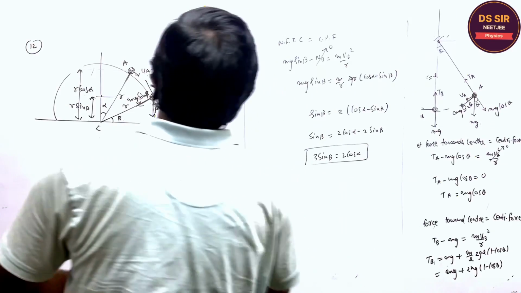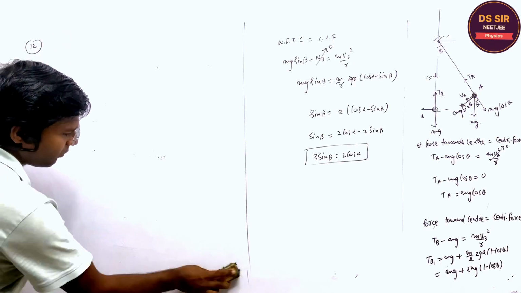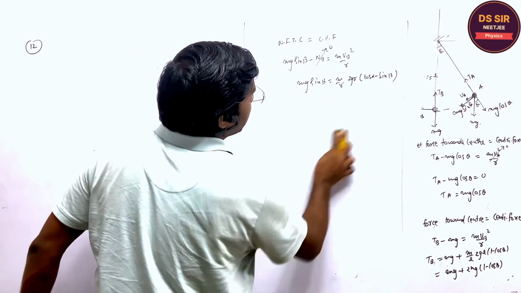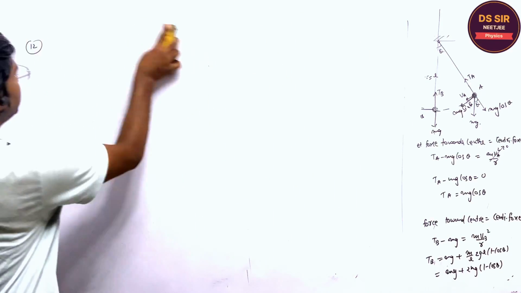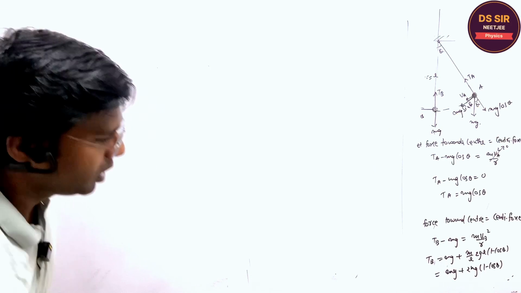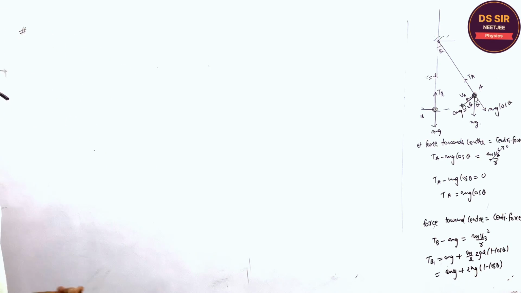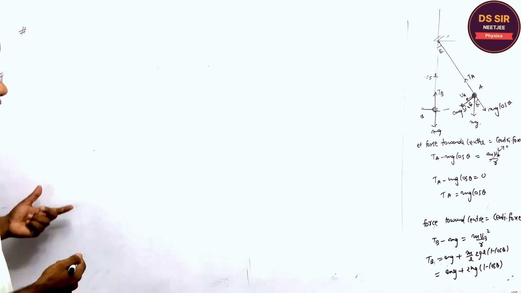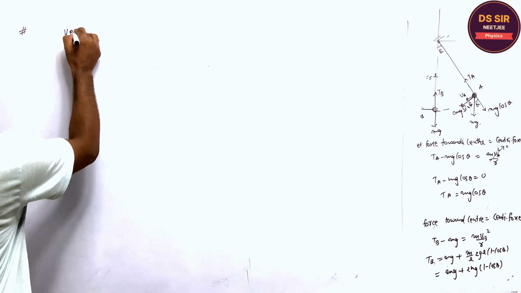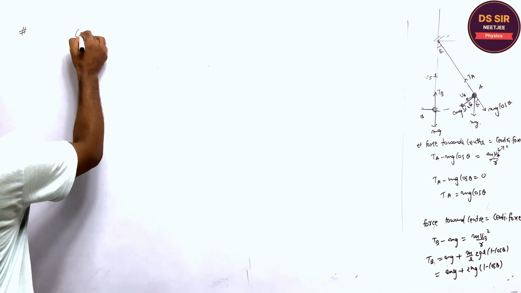So this type of concept in vertical circular motion we can apply to find different conditions according to the question. Now I will explain the critical condition to complete the circle in vertical circular motion, right?